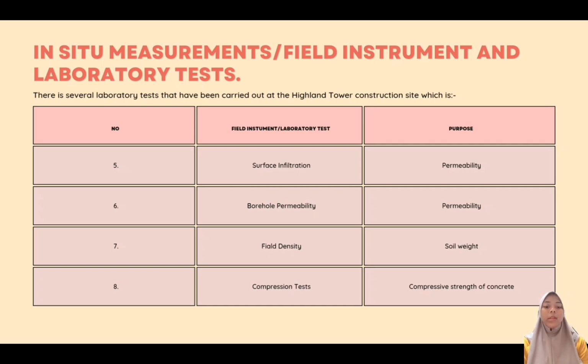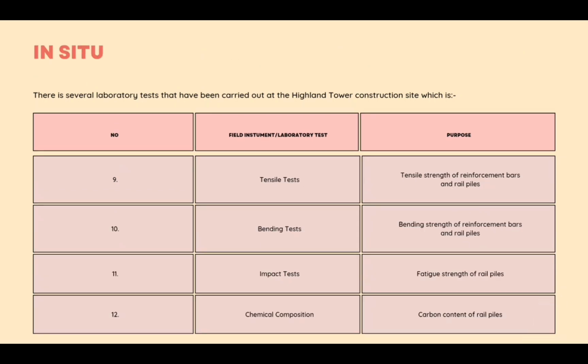Number 7, the field instrument or laboratory test is field density. The purpose is soil weight. Number 8, the field instrument or laboratory test is compression test. Purpose is compressive strength of concrete.